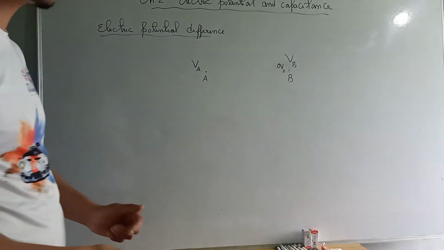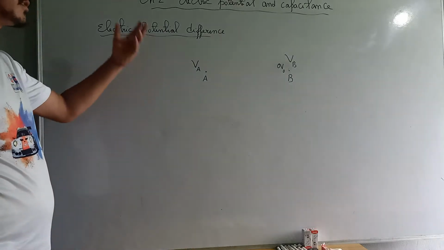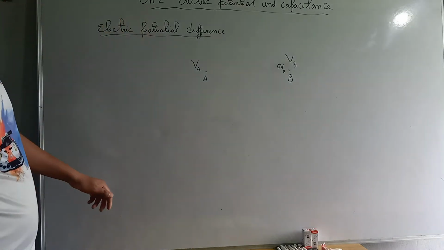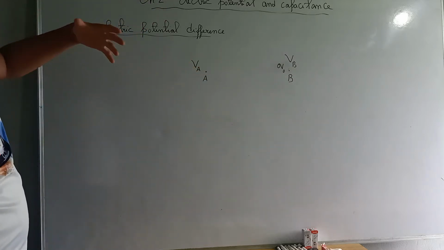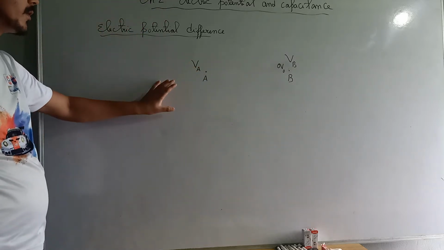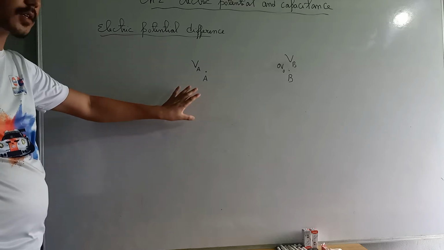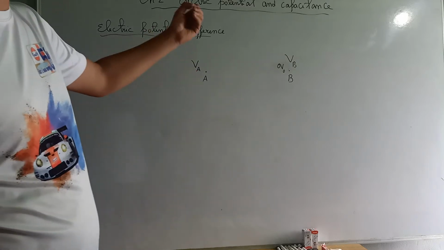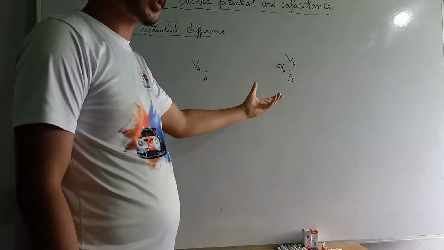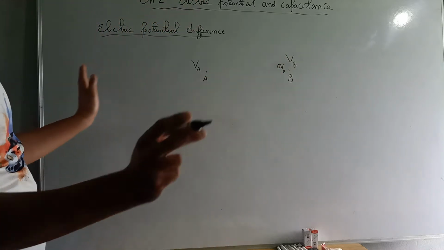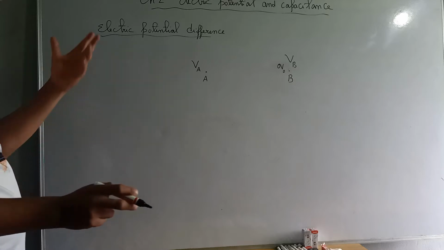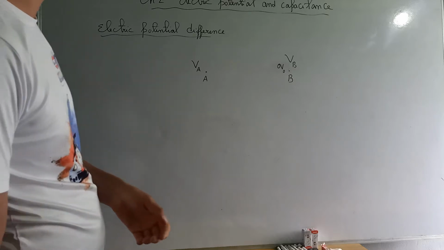Our experimental charge. Since chapter 1, this Q0 has been very useful. Q0 is our experimental charge. We call it a test charge, and it's a vanishingly small positive test charge. That means this Q0 itself does not produce any electric field.